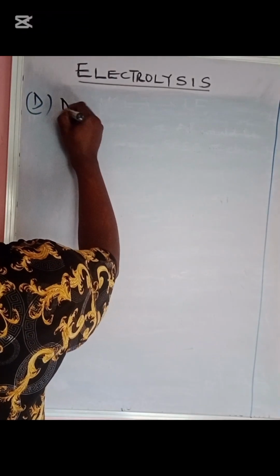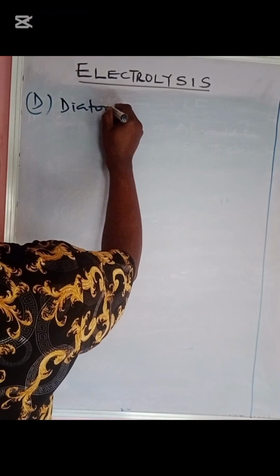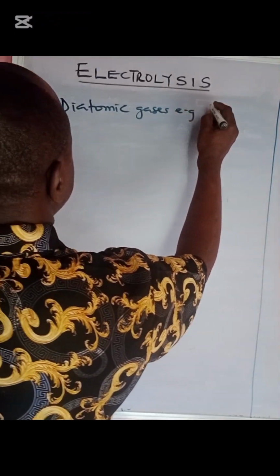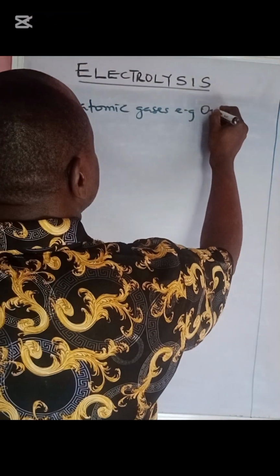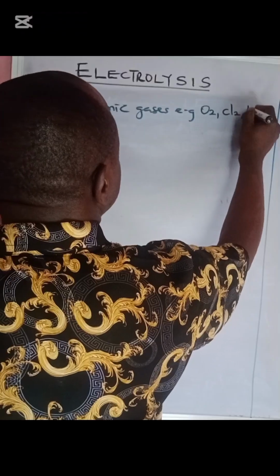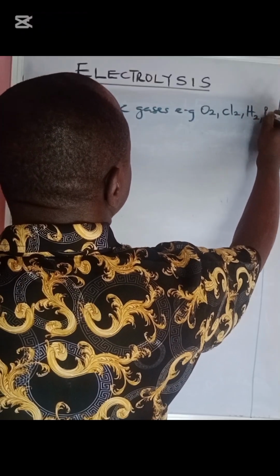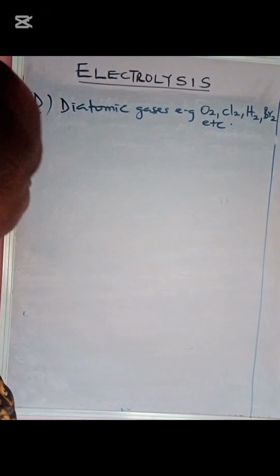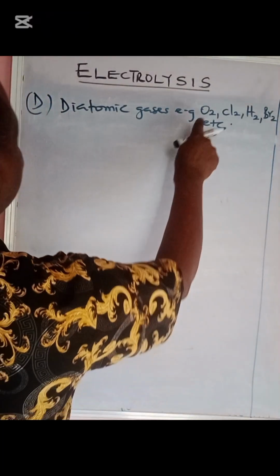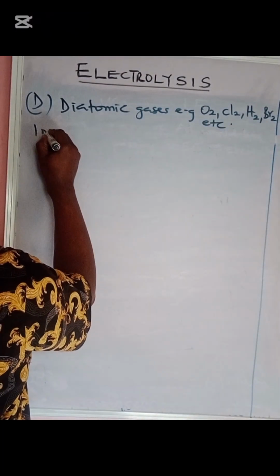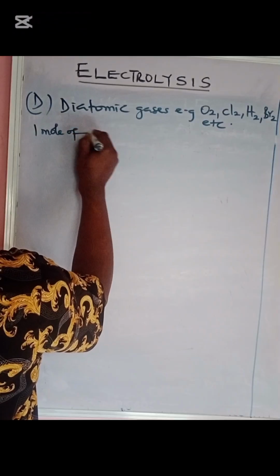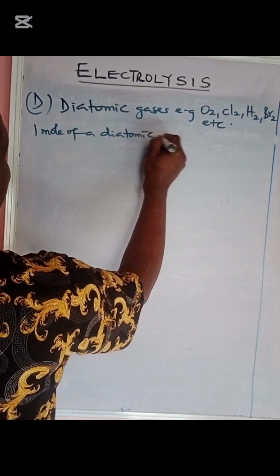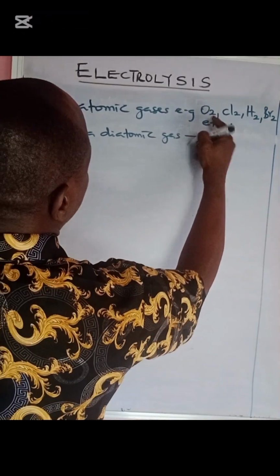Let's see the diatomic gases, e.g., oxygen gas, chlorine gas, hydrogen gas, bromine gas, etc. All these are called diatomic gases. So to liberate 1 mole of a diatomic gas will require 2 Faraday.